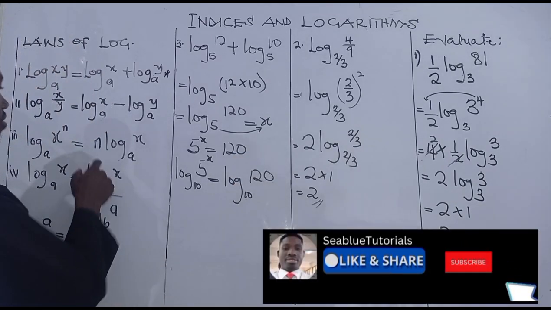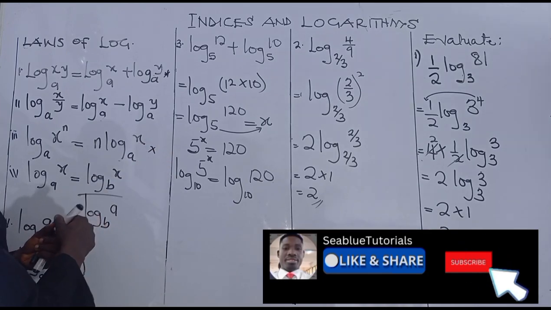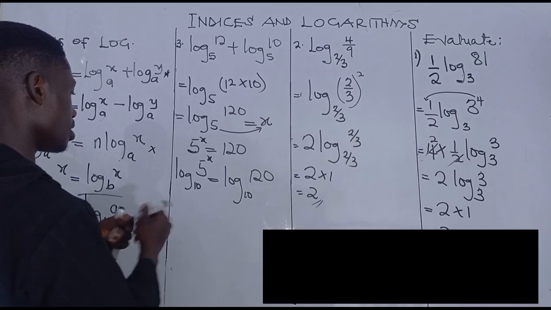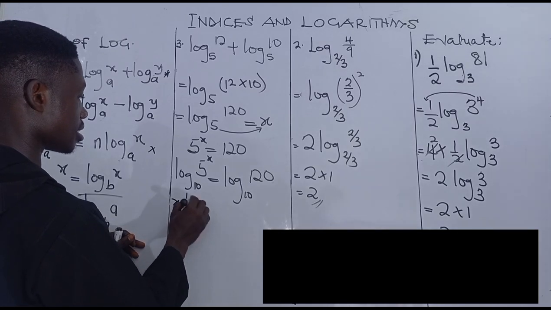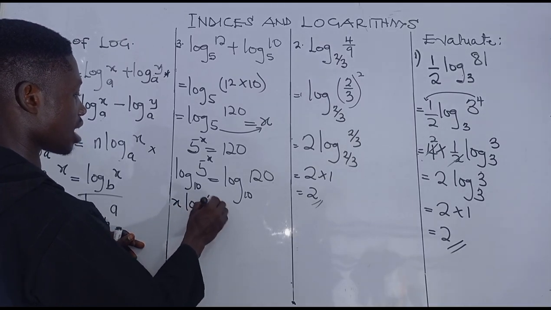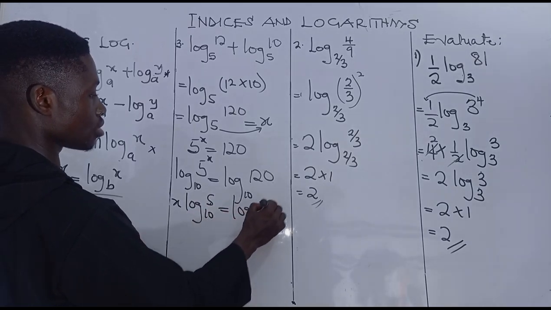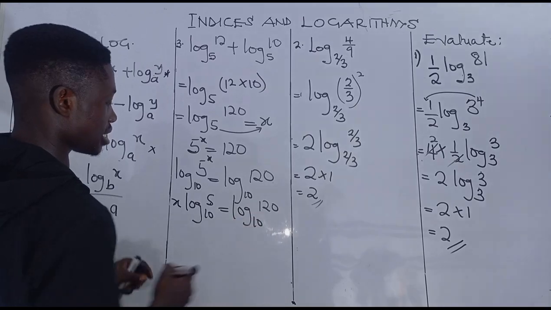Now applying this very important law, the x will come and multiply the log. So we have x multiplying log of 5 to the base of 10 is equal to log of 120 to the base of 10.